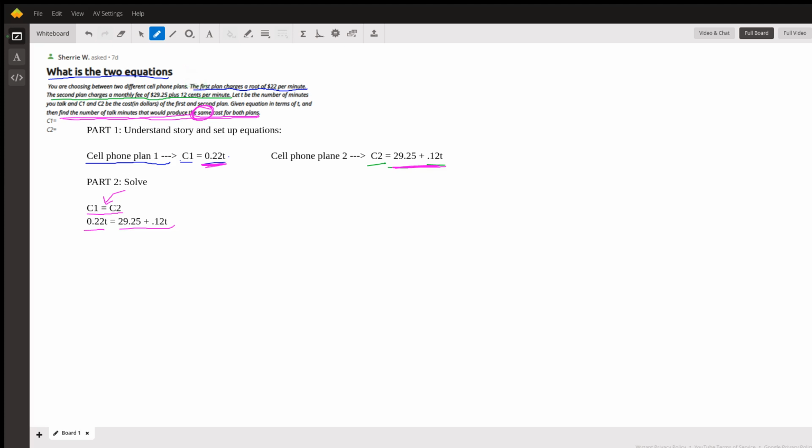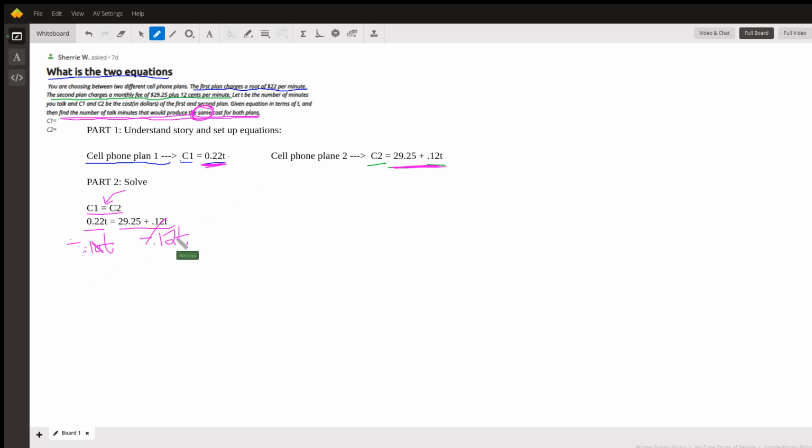The first thing I'm going to do is subtract 0.12t from both sides. So this will cancel out here, and 22 cents minus 12 cents is 10 cents.